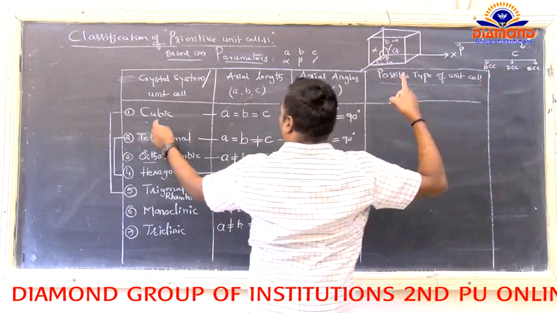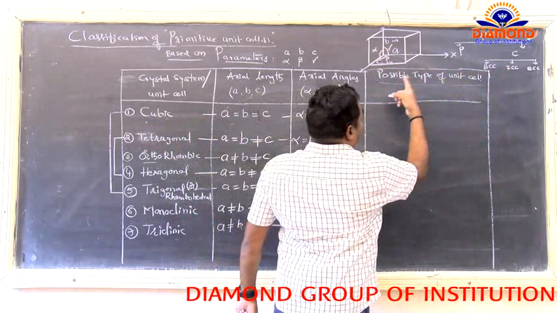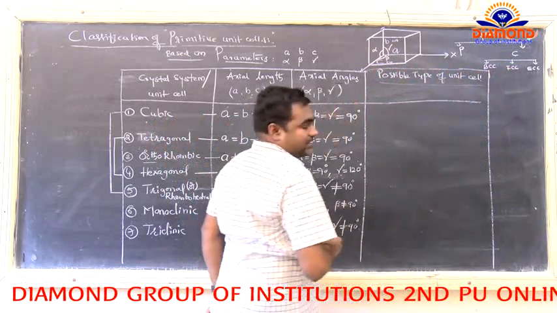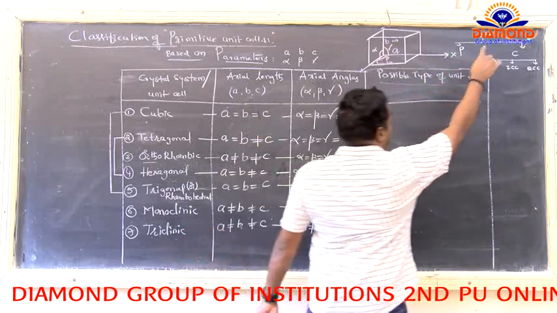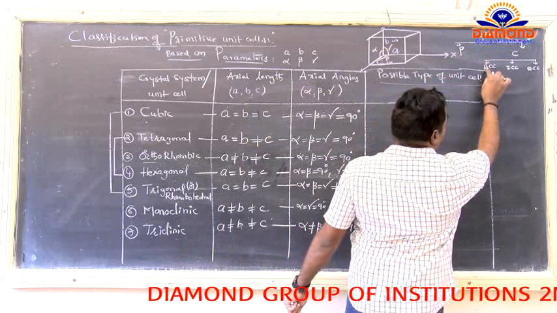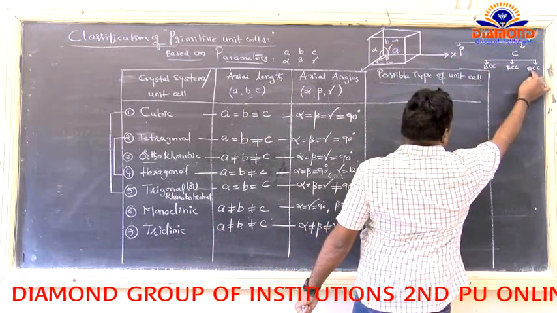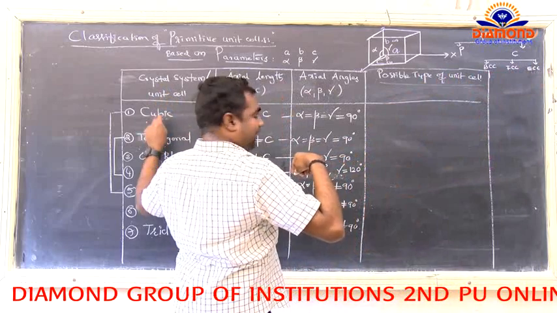Here again, the cubic unit cell is classified into three possible types of unit cells. So based on the unit cells, primitive, BCC, FCC, and ECC are again classified into different forms.